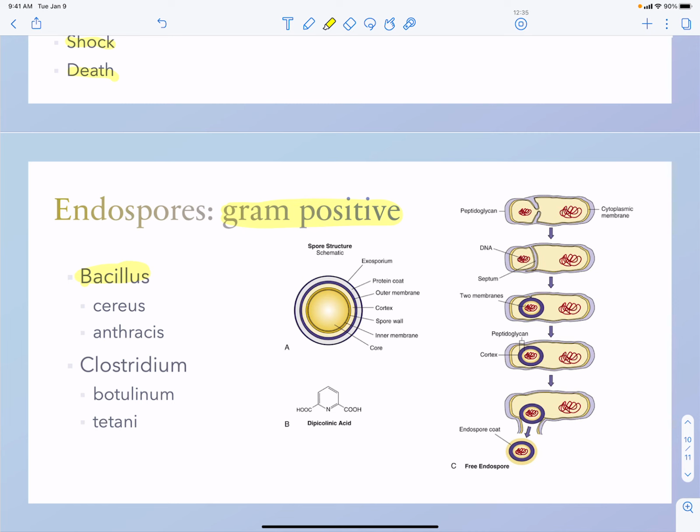We also have our Clostridium. We have botulinum and tetani that will form endospores. And so the endospores are basically going to be little pockets of nucleic acids, and typically they have some proteins in there to help trigger when there's the right conditions for the endospore to germinate and become the bacteria.